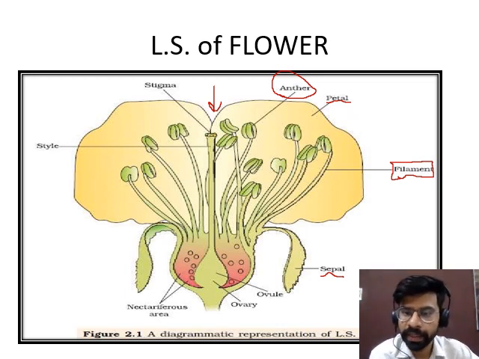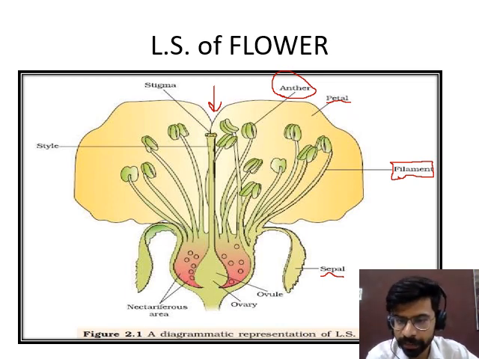This anther and filament combine to form the male part, whereas stigma, style, and ovary combine to form the female part. The petals are brightly colored leaf-like structures and sepals are generally green in color. They are present at the base of the flower. So these are the four parts present in the flower: sepal, petal, male part and female part.